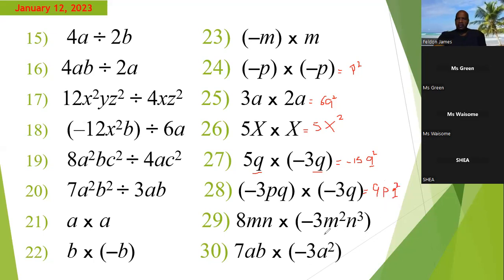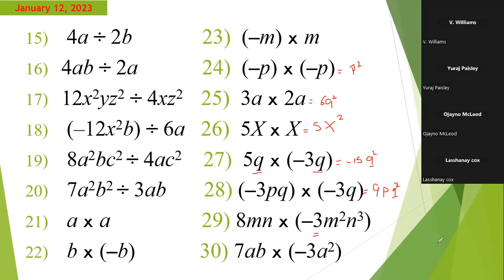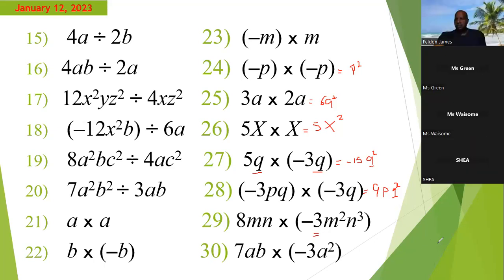All right, what about 29? Who is doing 29? Ms. Lang is just coming in. I'm going to ask Ms. Lang to do question 29 as soon as she is able to hear me. Ms. Lang, are you there? Are you hearing me? Yes, sir. All right, I want you to do question 29 for us.